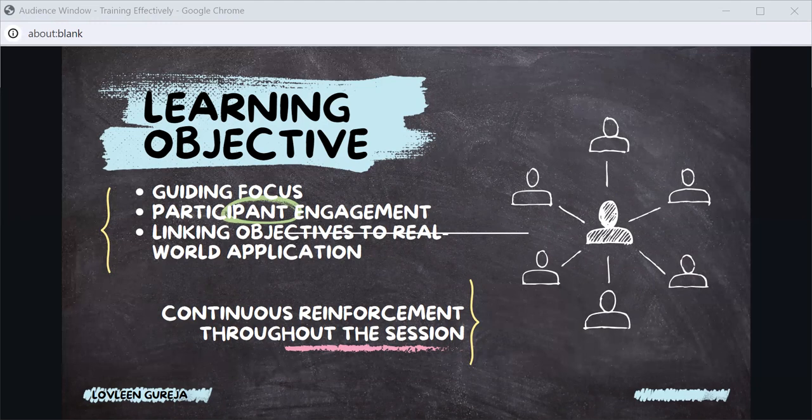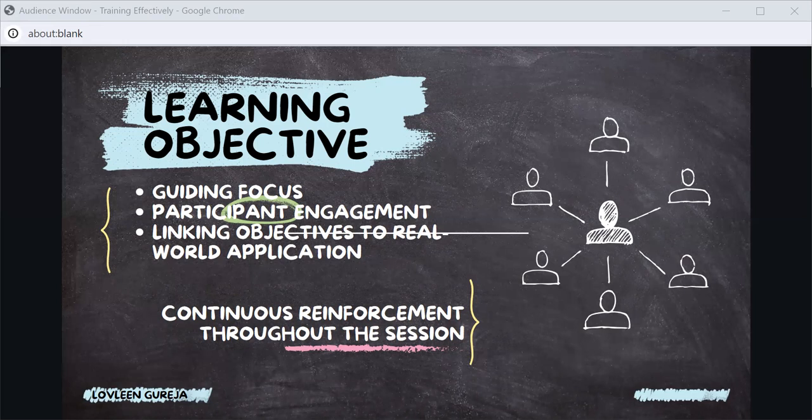Whether you're conducting a workshop, an online training session, or even an offline session, having well defined objectives is very crucial. These objectives will guide the participants on what the learning experience is going to be. It will make it more meaningful. You can relate objectives to real world application to increase motivation.